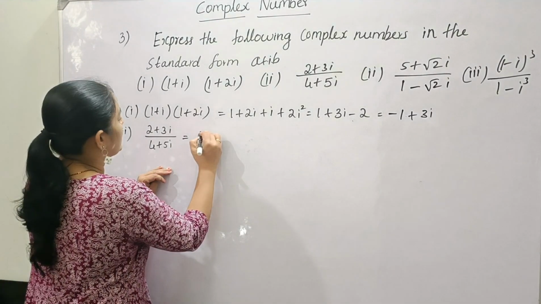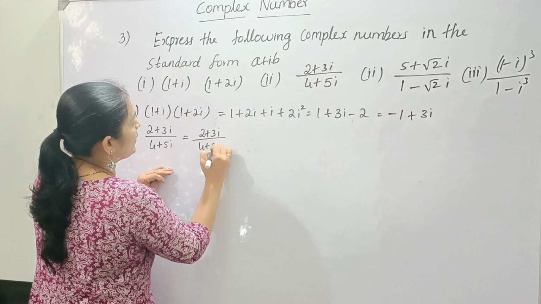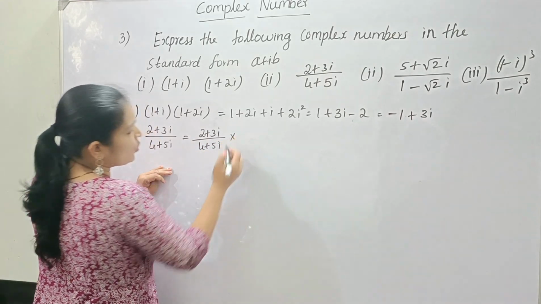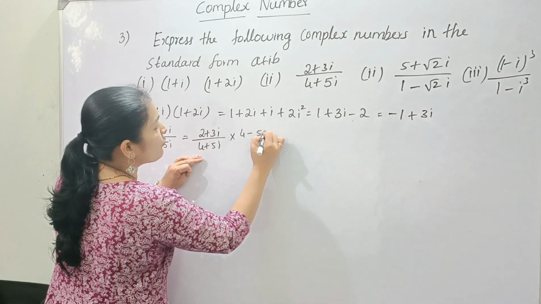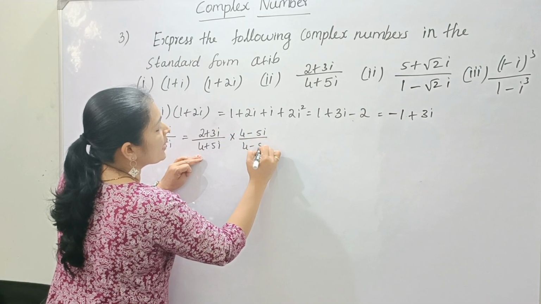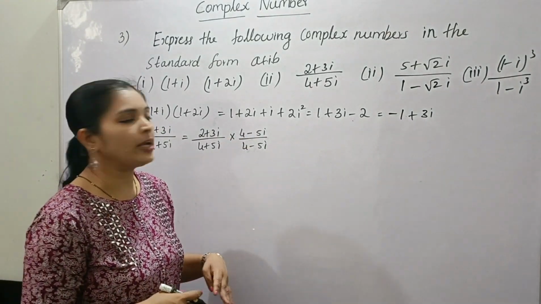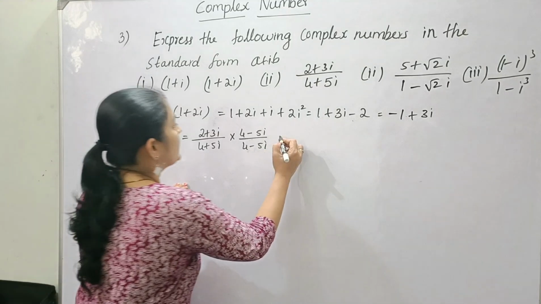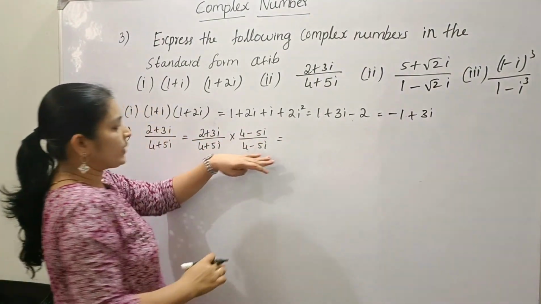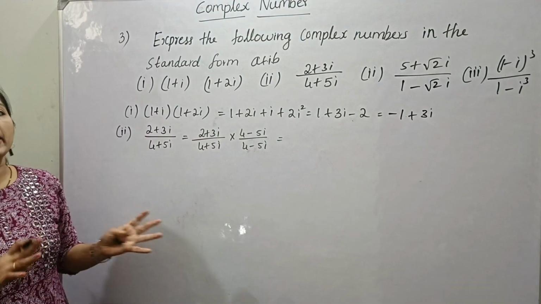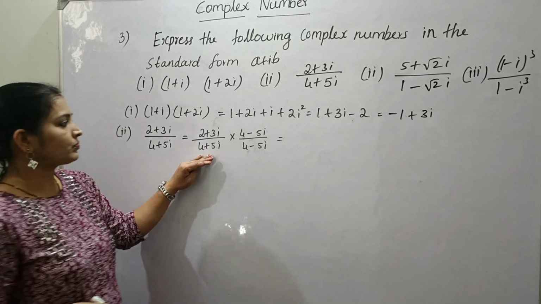That is 2 plus 3i divided by 4 plus 5i into the conjugate of the denominator, 4 minus 5i divided by 4 minus 5i. Multiply this one here so that the denominator will be a real part. We will get a real number in the denominator.